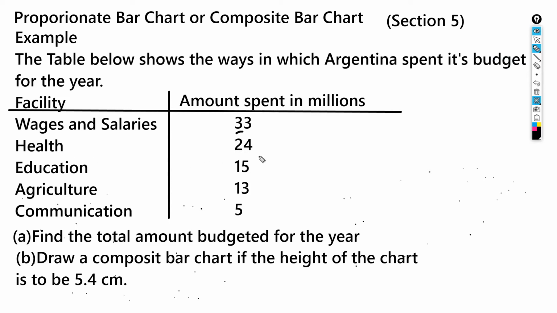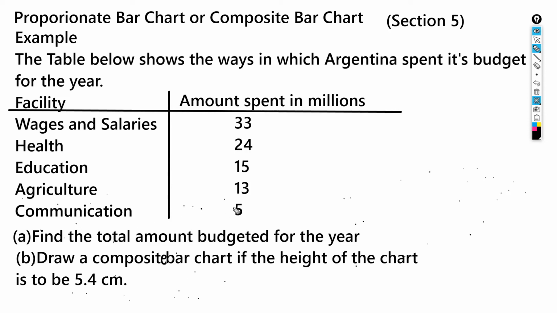For health, 24 million. For education, 15 million. For agriculture, 13. And for communication, 5 million. It says find the total amount budgeted for the year, and draw a composite bar chart if the height of the chart is to be 5.4 centimeters.